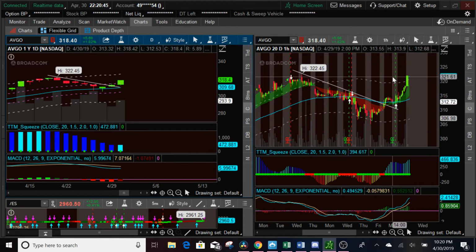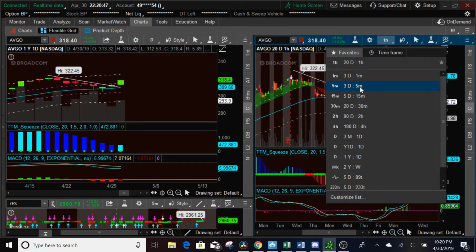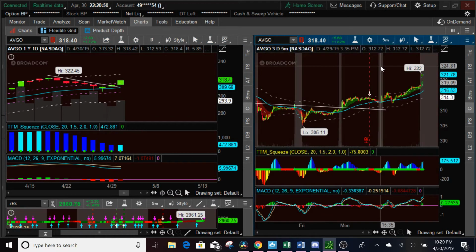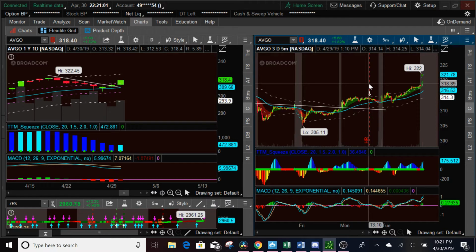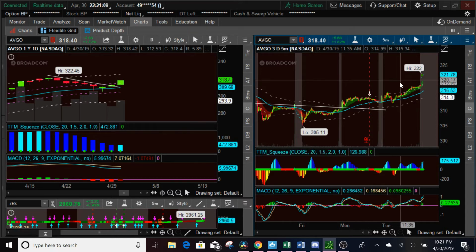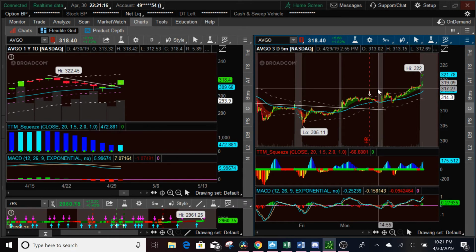And look what happened. Let me zoom into the 5 minute. It just ripped all day long. As you guys know, I set my profit taking limits at like 10 to 12%, 10 to 15%, something like that. So I had set my limit to 940 to take it off at right over $100, just in case we sold off.